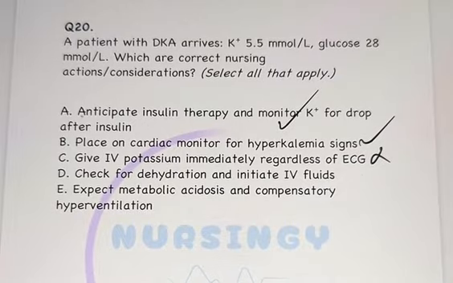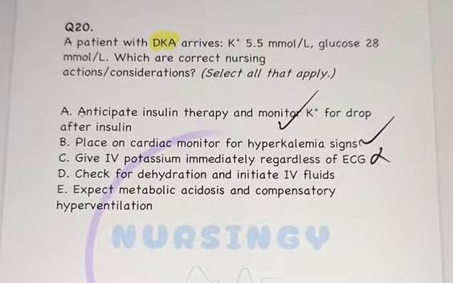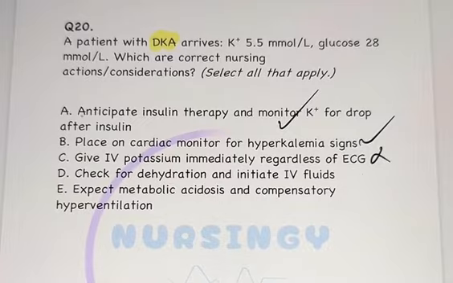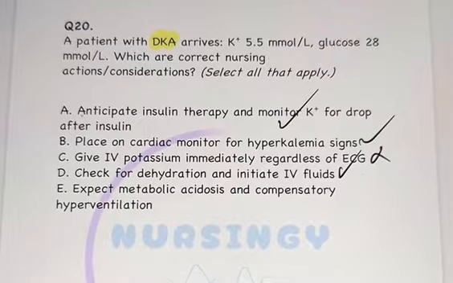What about D? Check for dehydration and initiate IV fluid. Isn't IV fluid the common treatment in DKA? Yes, this one is the best way, because DKA can cause severe dehydration, so we need to do the IV fluid.